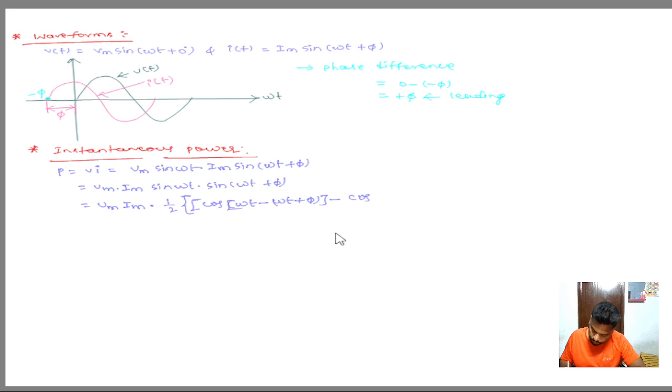Next, cos of A plus B, that means omega t plus omega t plus phi.